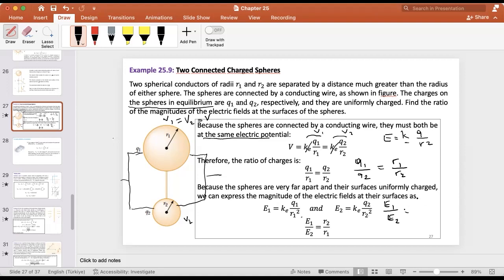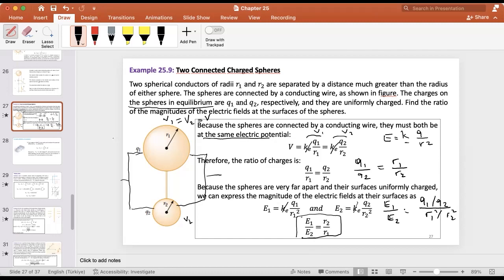We can cancel K, you can see, and we can write Q1 over Q2, and if I am not wrong, R2 square over R1 square. When we use that information, finally your result is this part. I hope you don't have any problem with this one.